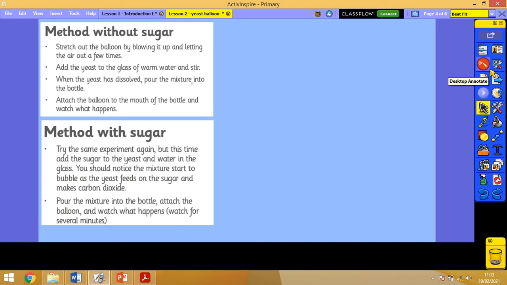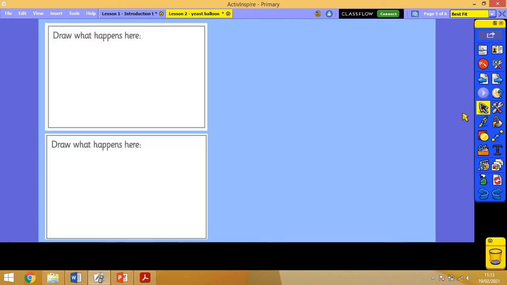Leave it in a warm place, near a radiator is a good one, but in order to not kill the yeast, if the radiator's on full blast you might want to put a towel over the radiator and put the yeast on top, so it will keep the water a nice temperature for the yeast. After you've done that, draw what happens on your sheets.